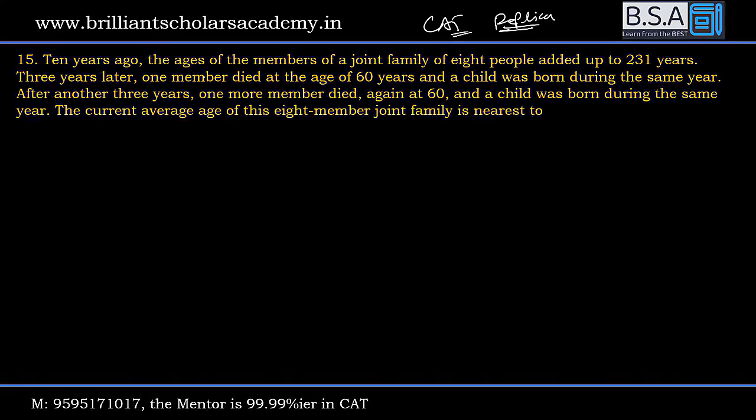10 years ago, the ages of members of a joint family of 8 people added up to 231 years. 3 years later, one member died at the age of 60 and a child was born.